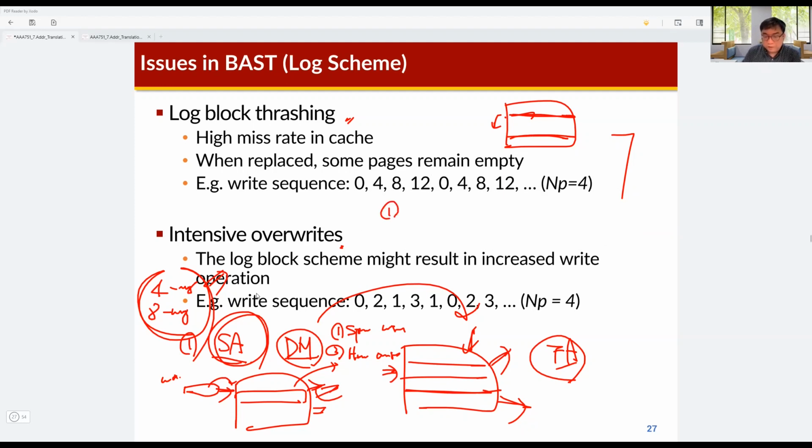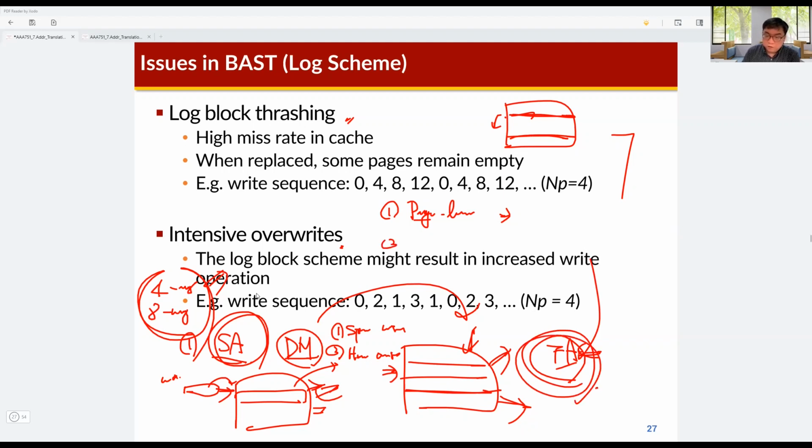So we know that page level mapping is very similar to the fully associative cache actually, because logical pages are one-to-one mapped to physical pages.